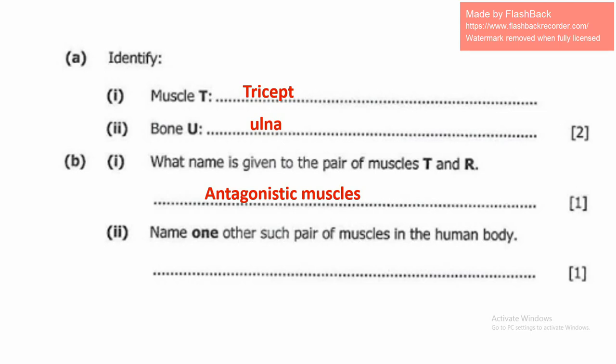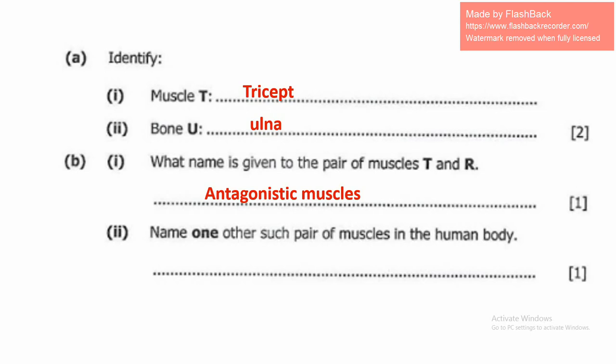So the circular muscles contract. The pupil is just in the center. Then the muscles surrounding the pupil are the circular muscles. Then there are muscles which act opposite the circular muscles. Those are radial muscles. So the circular muscles will contract during bright light, while the radial muscles will relax.